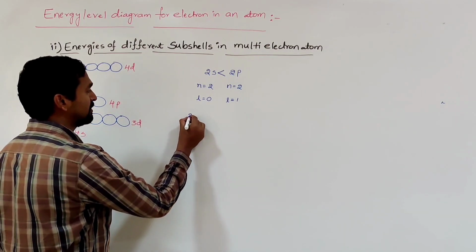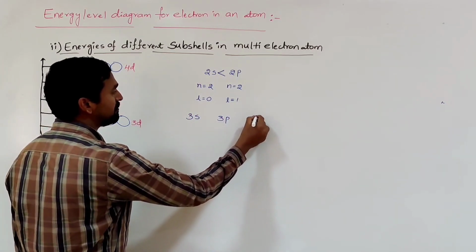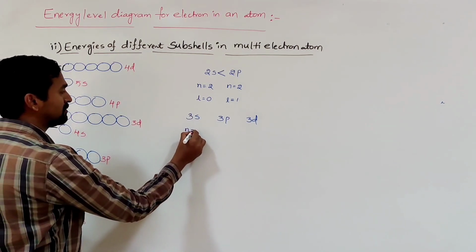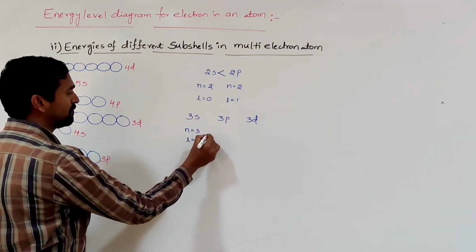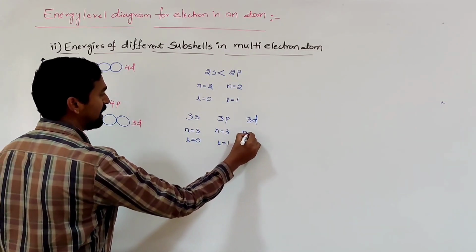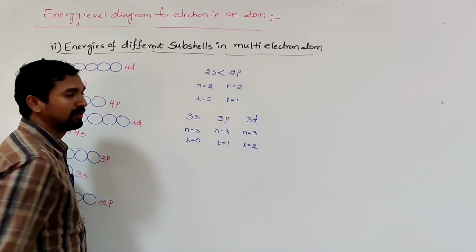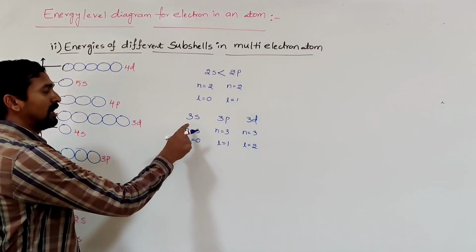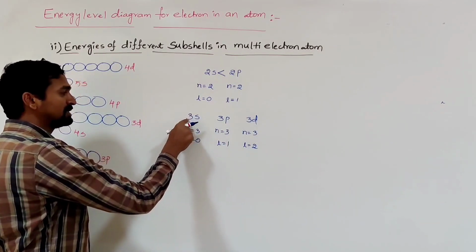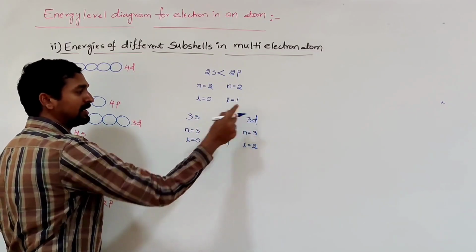Let us take another example: 3s, 3p and 3d. Here n = 3 with l = 0, n = 3 with l = 1, and n = 3 with l = 2. The different subshells s, p and d in the principal energy level n = 3 have different energies.